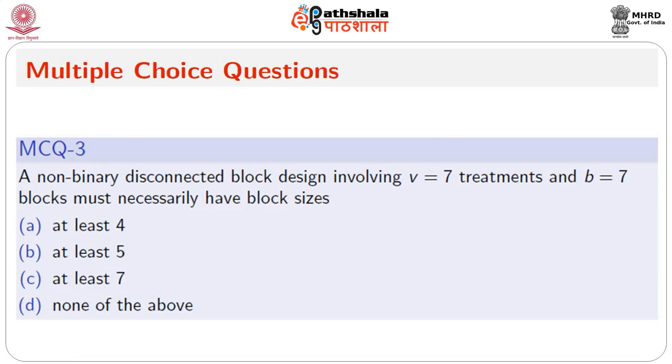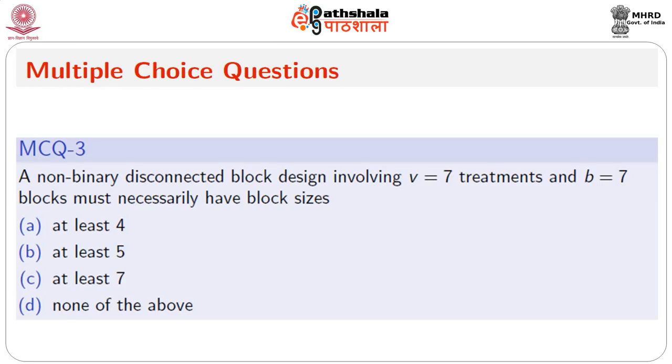So the third question is, a non-binary disconnected block design involving V equal to 7 treatments and B equal to 7 blocks must necessarily have block sizes at least 4, at least 5, at least 7, or none of the above. The keyword here is disconnected.